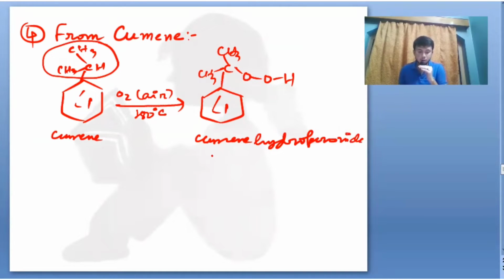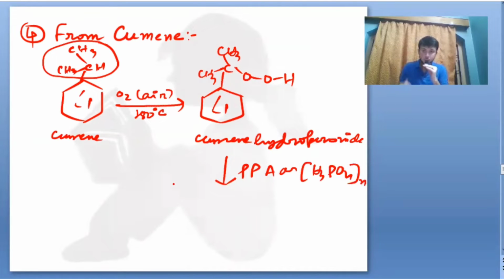Now in cumene hydroperoxide we give it H3PO4, that means dilute H3PO4. So if we just keep that, it gives us what?